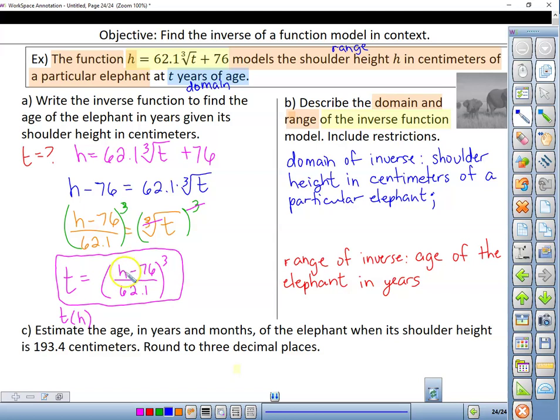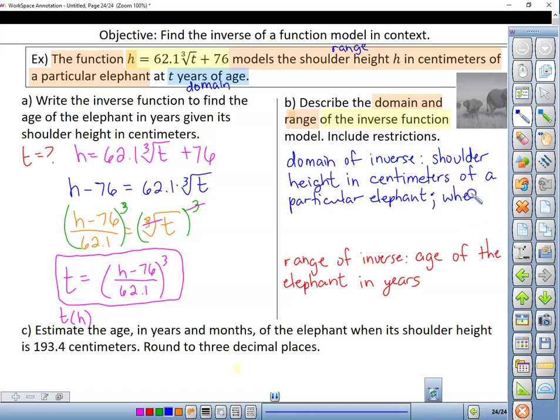And so what we have to realize here is that we actually have to be greater than or equal to 76. If h is 76, this part becomes 0, which means we have 0 cubed, which makes t 0 years, which would be equivalent to the birth of this elephant. So basically it's saying, okay, at birth, the shoulder height of this elephant was actually 76 centimeters. And that would be our restriction.